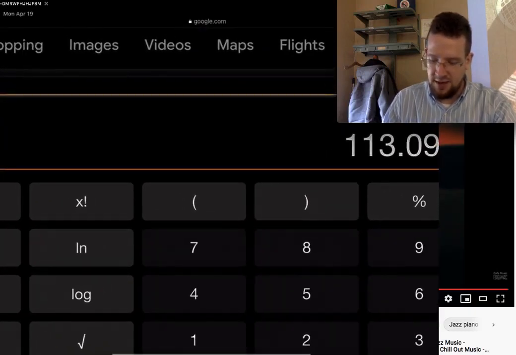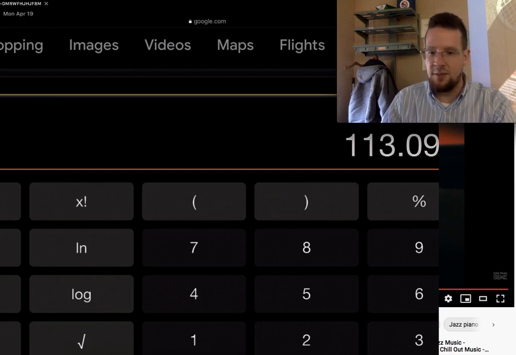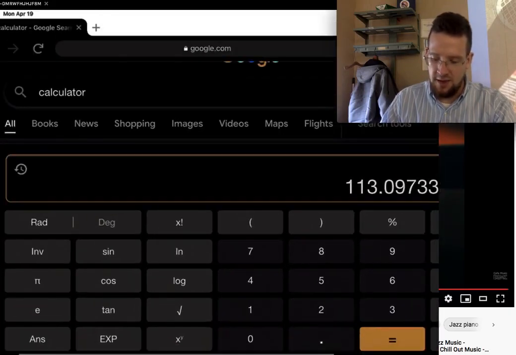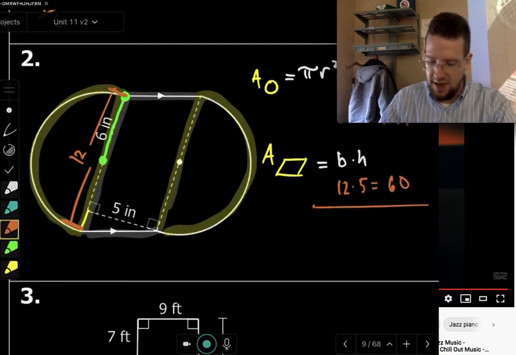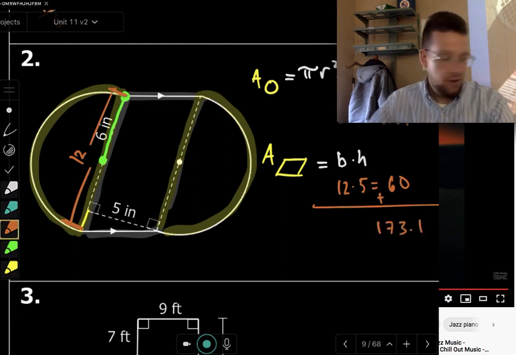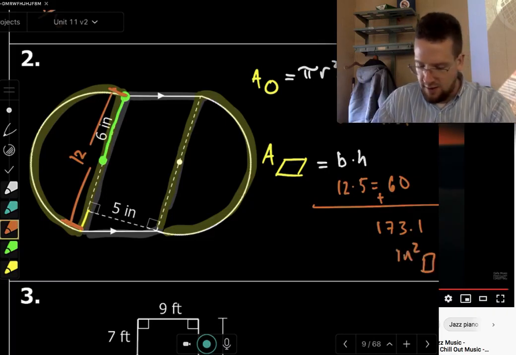So I'm just looking at these. This 9 rounds up to a 10, right, to a 1, and then it'll just drop off to a 0. And then we have 113.10 or 113.1. Yep, and then we want to add these two numbers together right here. So this is going to be 173.1. And these are inches squared, and we're done.